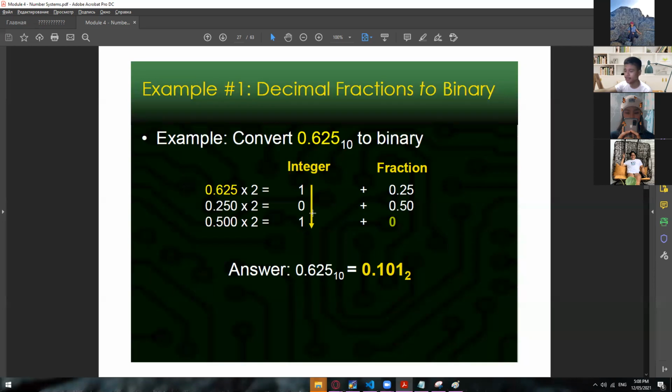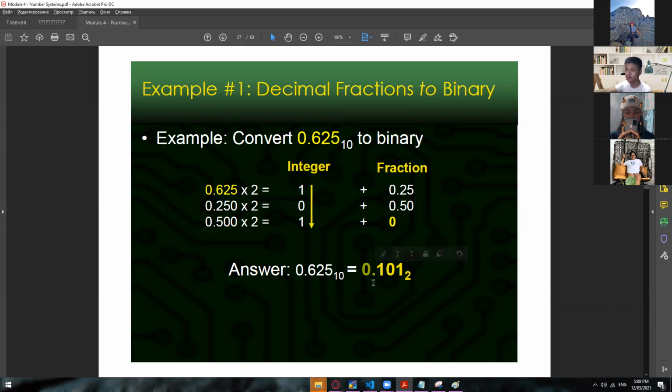And then you can now read the integer part from top to bottom. So before, we have bottom to top, but in here, it's from top to bottom. Okay, and then we are getting the integer part. So 101. And at the same time, since we are dealing with decimals or fractions, you have to put here 0.101.